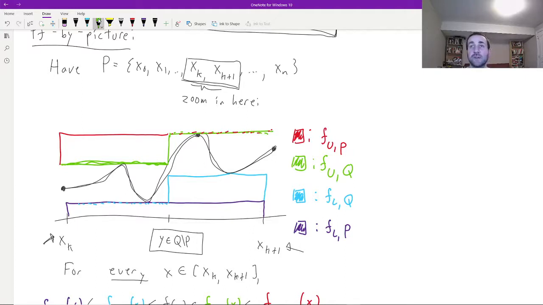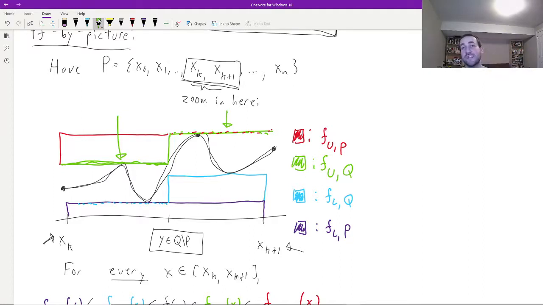And so you can see what's going on. In this part of the interval, f sub UQ is the same, but in this part of the interval, it's smaller. And I think you can convince yourself pretty quickly that this is generic. When I'm looking at f sub UQ, I'm looking at the supremum of a function over a smaller part of the interval, and therefore that supremum is going to get smaller.